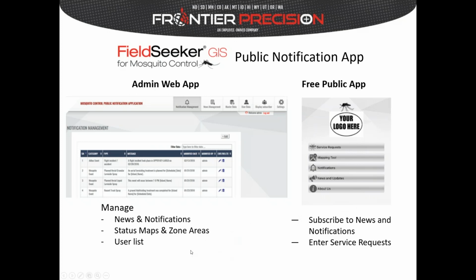When the public signs up, they subscribe, and you can manage that. So then if you're the public, you would go out to the iOS or Android store and download the free app, and then subscribe to receive the news and notifications. You can enter service requests and then view that map information that's provided from the agency.